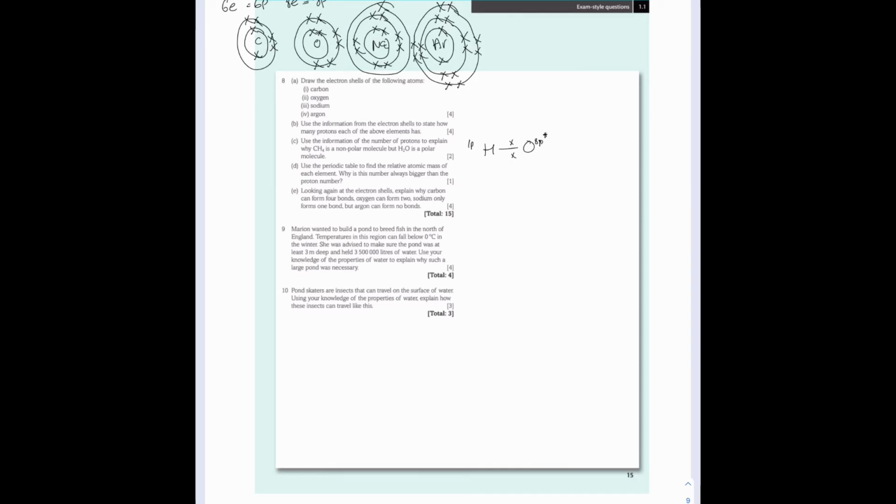So actually the negative electrons will go to the oxygen, which causes a negative dipole because you've got a concentration of electrons in the oxygen region. But in the hydrogen now you've got a positive dipole because the electrons have moved away.